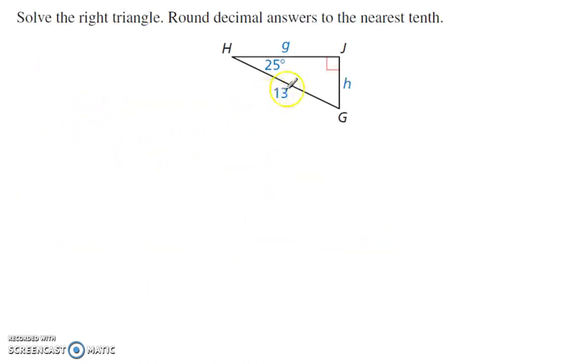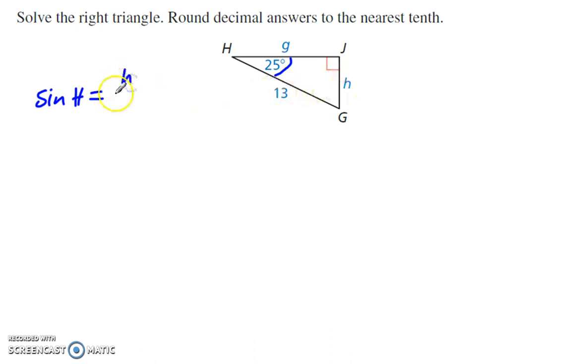Alright, here's another one. In this case, I know one angle and I know the hypotenuse. So if I know the hypotenuse, I could either use sine or cosine. If I use sine, sine of angle 25 degrees would be SO, opposite over hypotenuse.